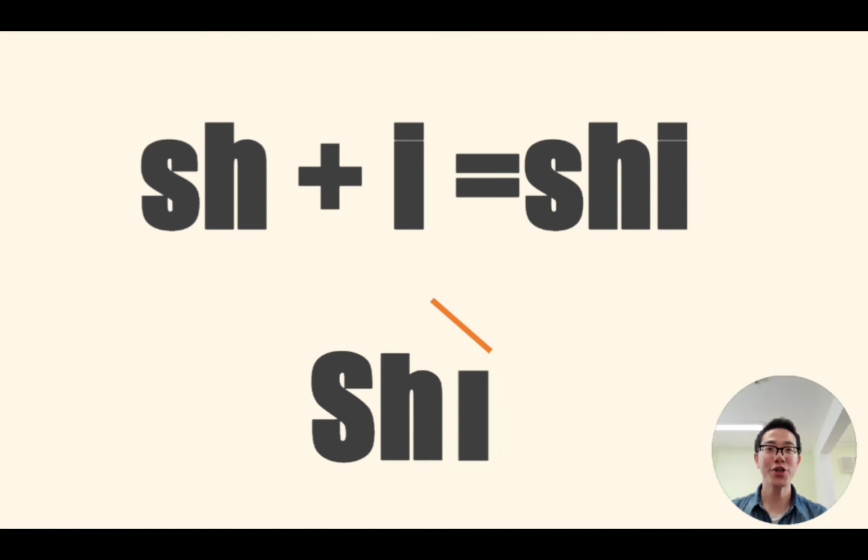In Chinese, shi is a very useful verb, which means am, is, are, was, were. You can use this one to introduce yourself.